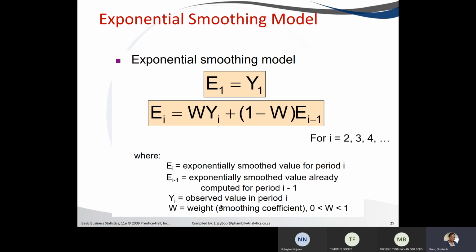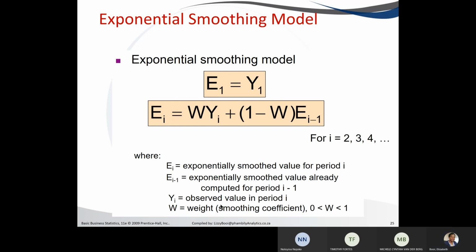So if, for example, we were doing that one from year 1 until year 11, the value I see in year 1 will be my first value for my exponential smoothing. And then for my next exponential smoothing, I will use the weighting. So I will say, what will my weighting be? It can be 0.60 or 0.20. That will be my weighting.